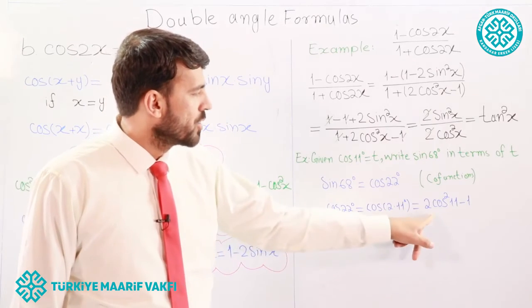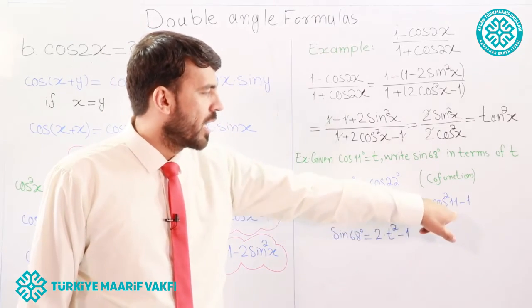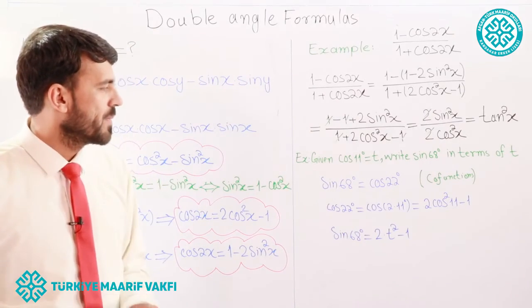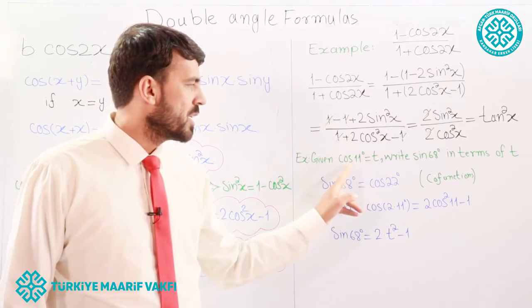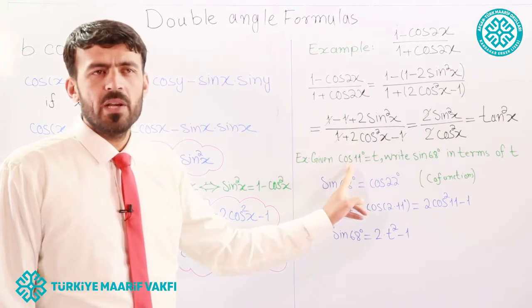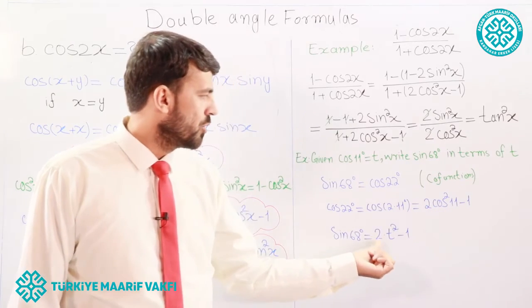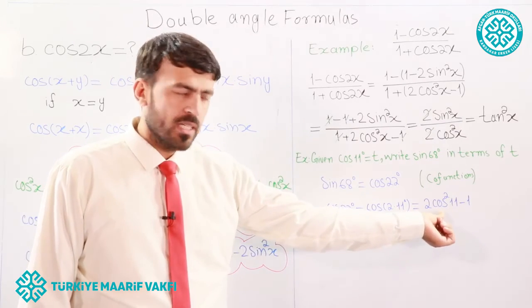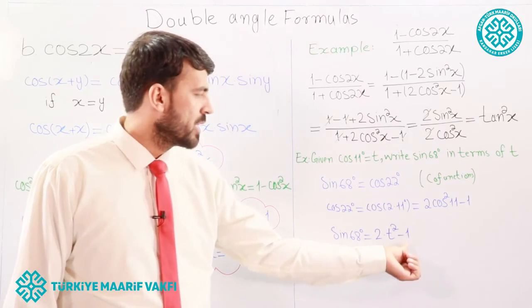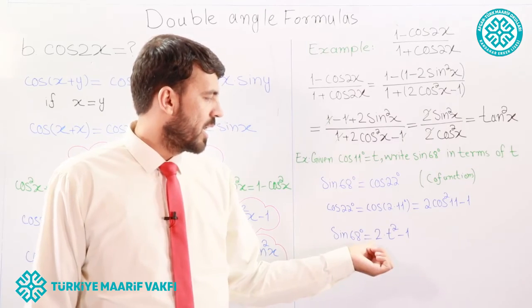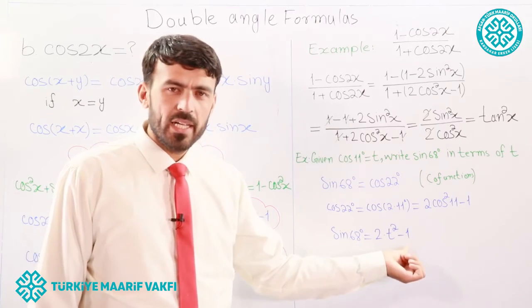So we can write 2 cosine square 11 minus 1. We can replace cosine of 11 degree with t. So we can write 2 t square minus 1. So sine of 68 degree is 2t square minus 1.